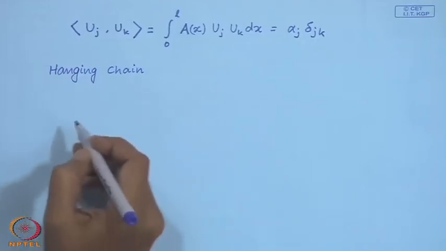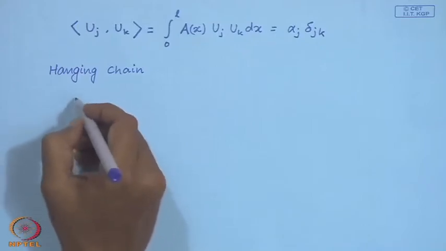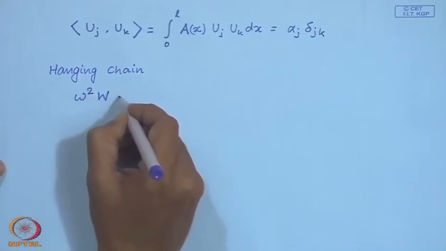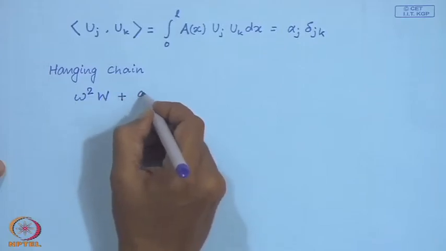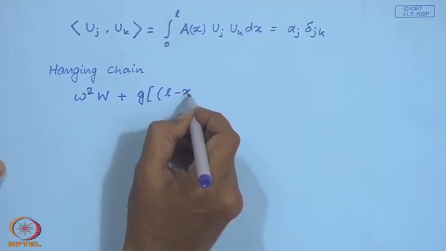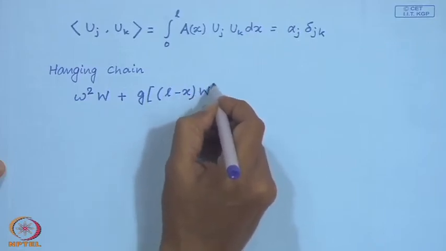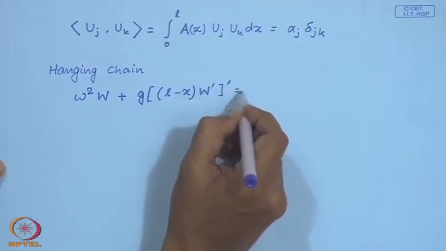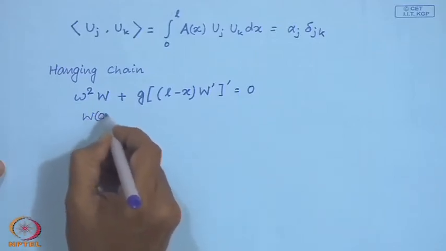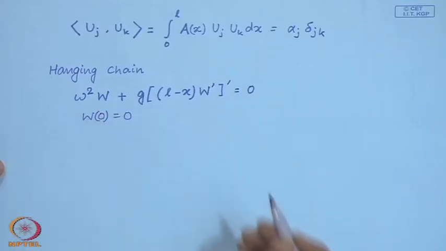So, for the hanging chain, the eigenvalue problem reads this.